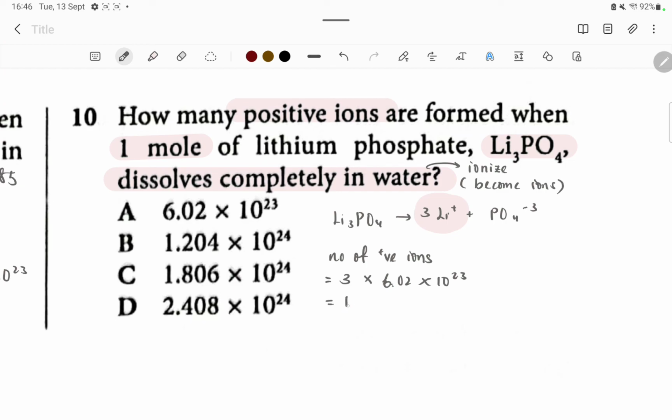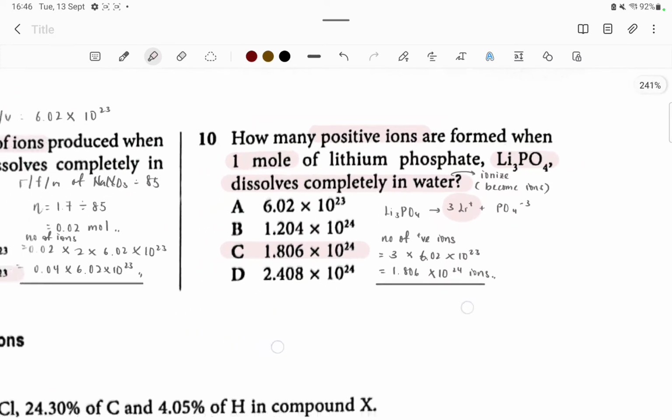You should get 1.806 times 10 to the power of 24 ions as your final answer. Okay, so we have finally done the 10 questions.